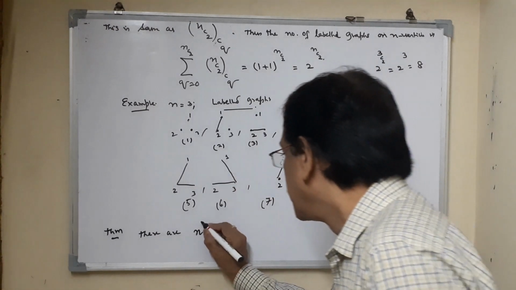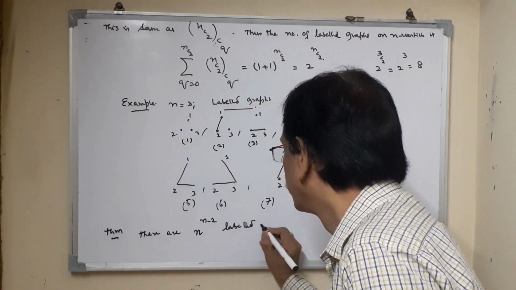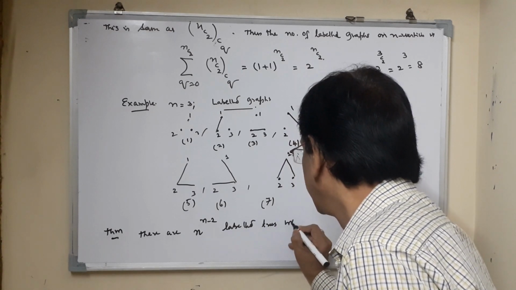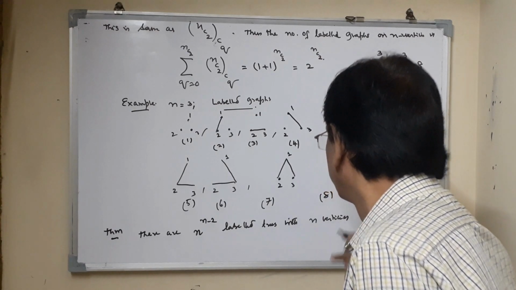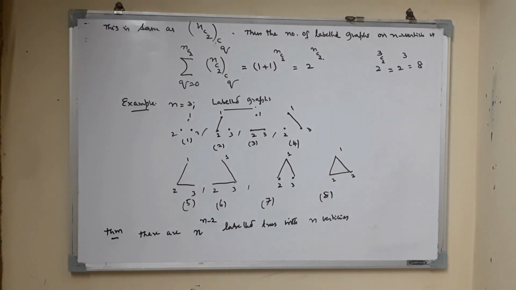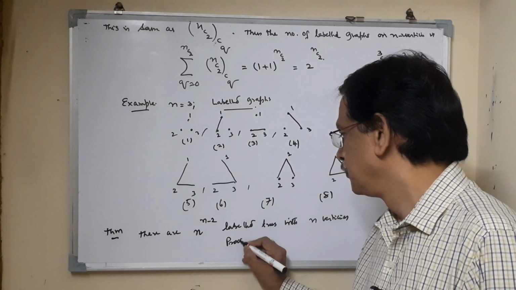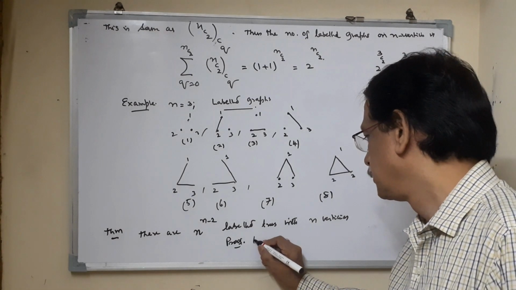There are n power n minus 2 labeled trees with n vertices. And the proof is just simply an exercise.